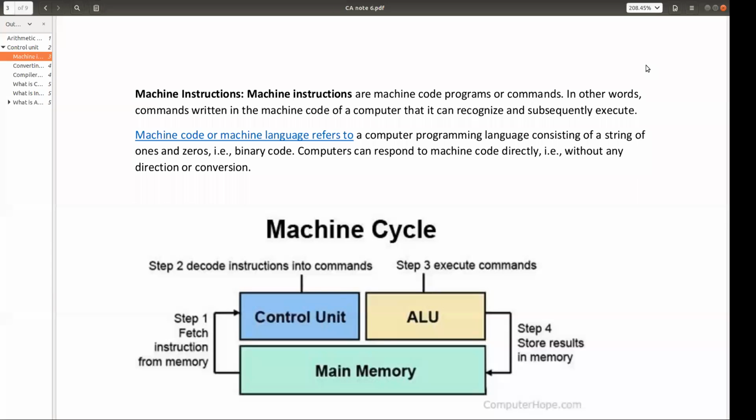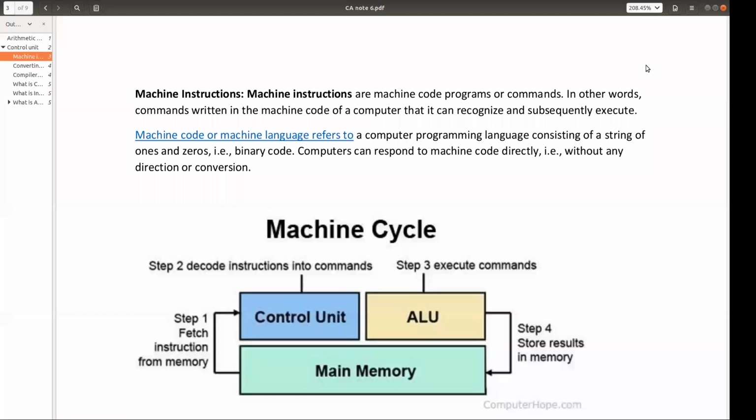Commands based on which, in the third step, CPU will perform that particular job, which is step 3, known as execution of the commands. Now, very naturally, after execution of those commands, CPU will deal with different data, because ultimately through the commands CPU will process data.